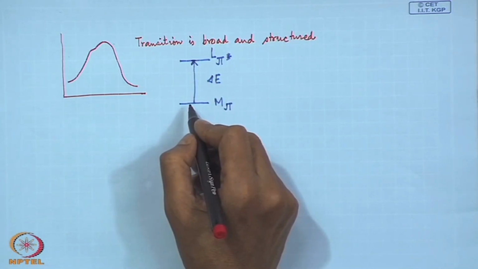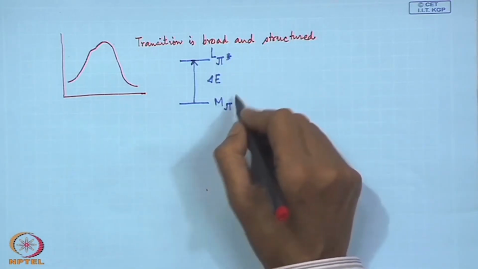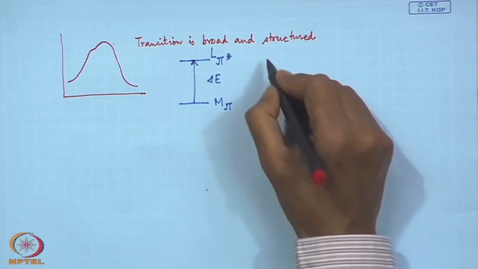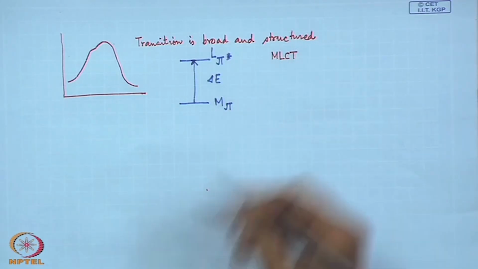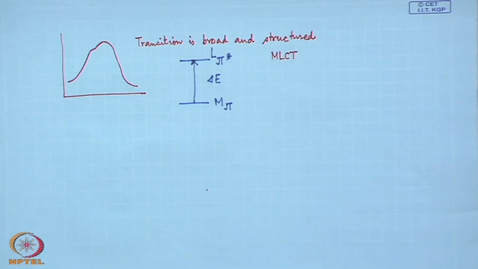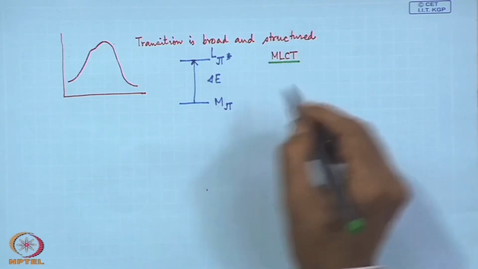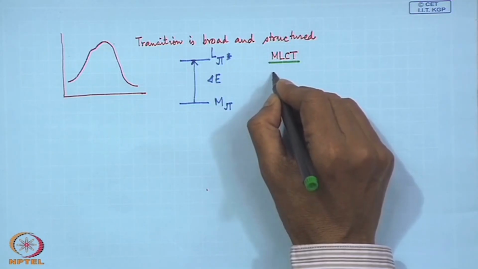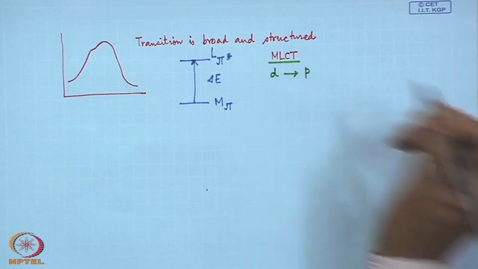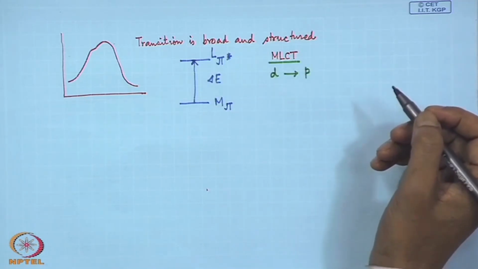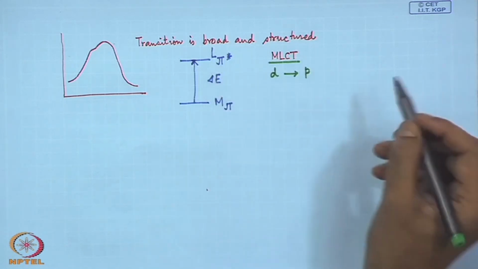Now, within this electronic state, since we have the corresponding D levels for this MLCT charge transfer transition, we can consider this transition as the metal D level to the ligand P level, because the p orbitals are involved in the formation of the pi as well as the pi star level.